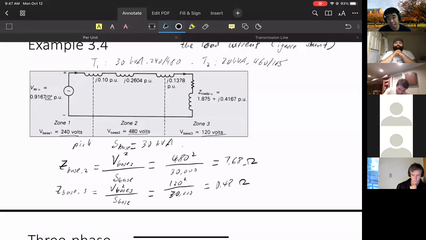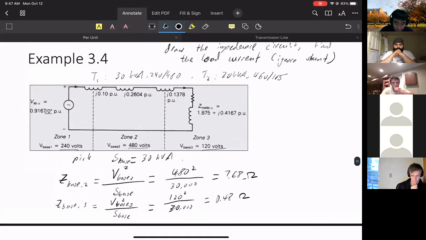Only when we divide to get per unit do we have a unitless quantity. The base impedance and base current still have the normal units. Since we need the load current, let's also compute the base current for zone 3 for the load.